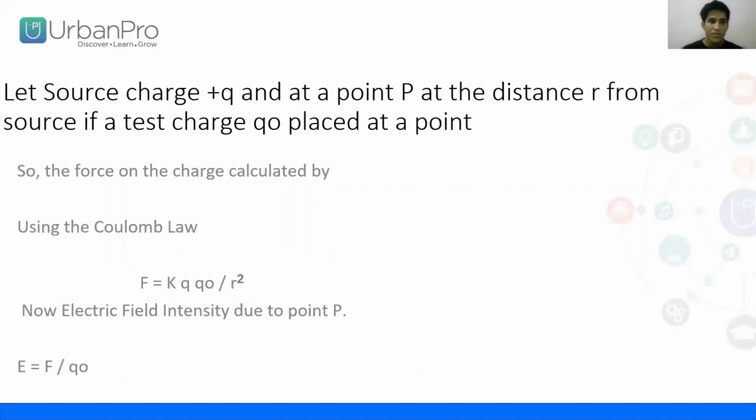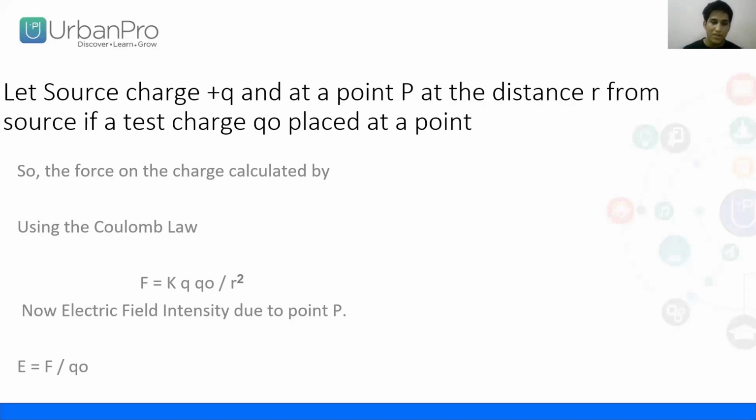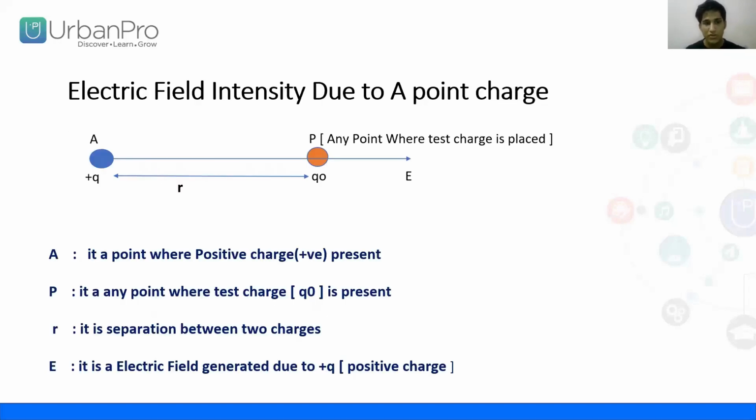Let us use Coulomb's law. Coulomb's law represents the force between two charges separated by a distance. It is like gravity, where F equals G m1 m2 by r square. It is a similar thing. So the force F equals K Q Q naught divided by the square of the distance r between them, where Q is the positive charge and Q naught is the other charge.